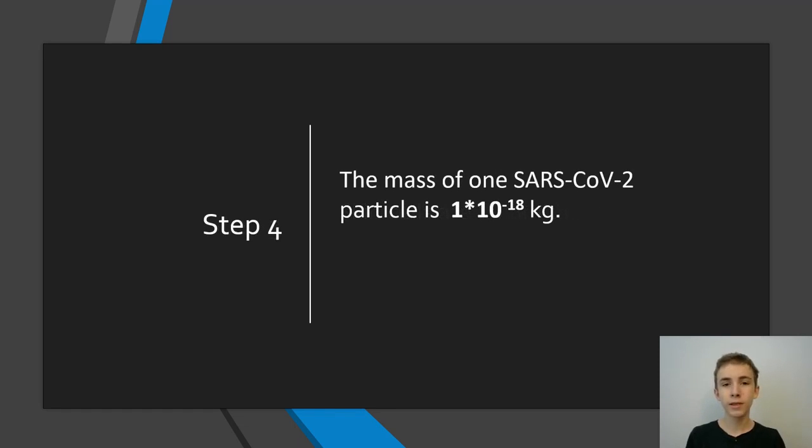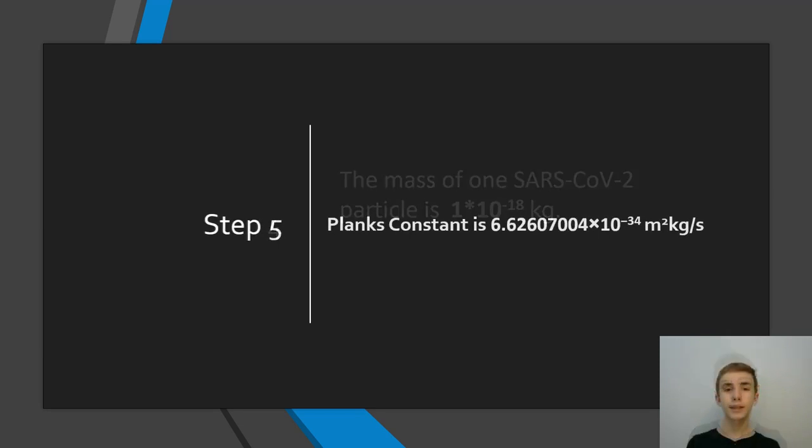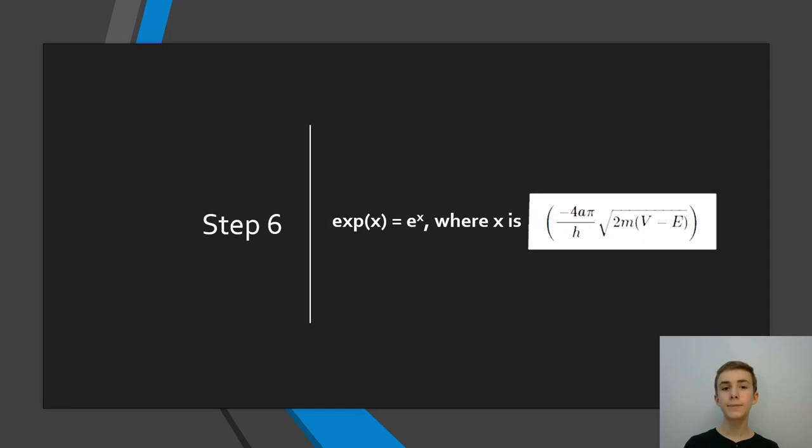Step 4. The mass of one SARS-CoV-2 particle is 1 times 10 to the power of minus 18 kilograms. Step 5. Planck's constant is this number here that is very long. Step 6. exp equals e to the power of x, where x is just the entire equation that is in the brackets.